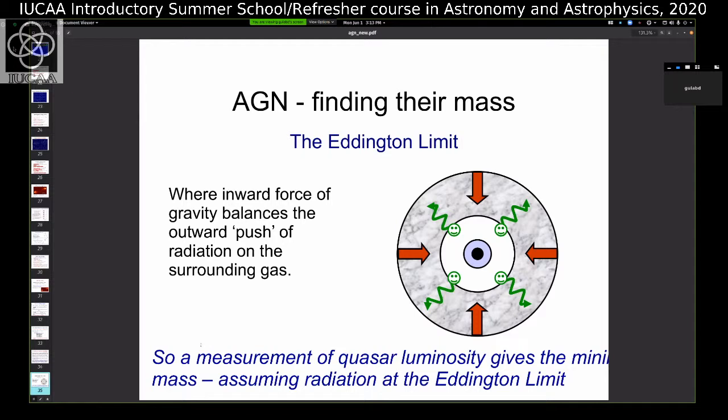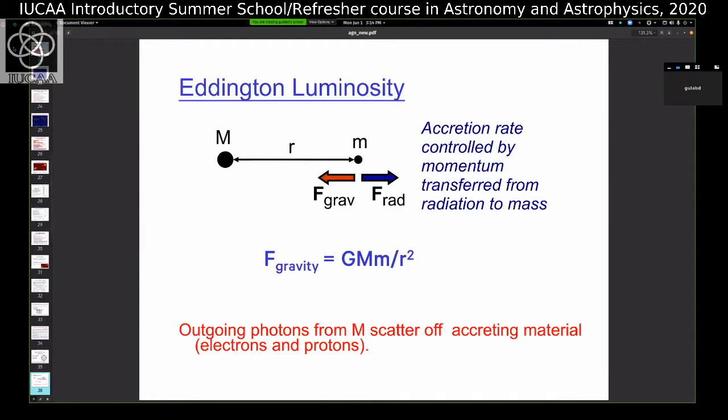So let's see how one can calculate the Eddington luminosity. Imagine there is a huge mass, capital M, and at a distance r there is a small mass m, which is being accreted onto the large mass. There is an inward gravitational force, F gravity, and an outward radiation force.